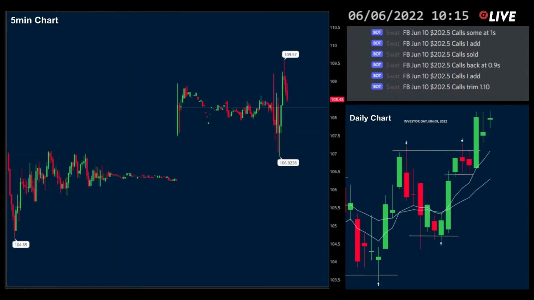Congratulations. Also on wood, well done. AMD is still very heavy. AMD and NVDA fading. 109 is a big level on AMD.